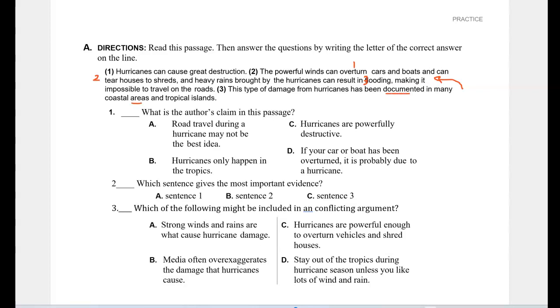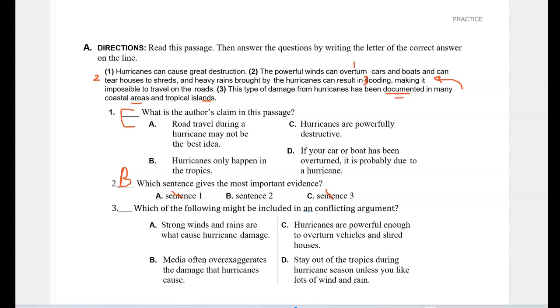So that's giving us the explanation that lets us know we're not just saying this, we have documented examples making these facts. So sentence one, it's the claim. Sentence three, it's reasoning, right? And support that this is evidence to support the claim. So all your evidence is in sentence two. All right, so we got C, we got B.